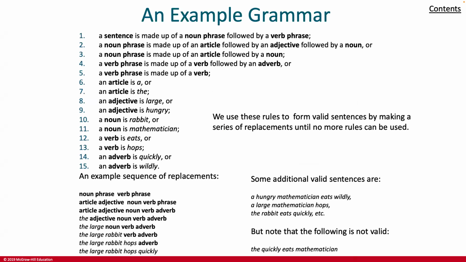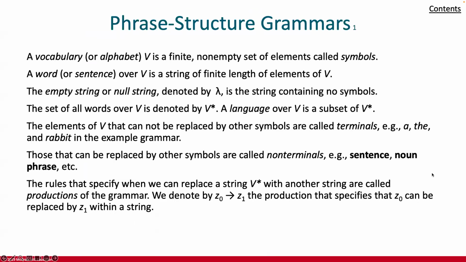So here's an example of a grammar. I won't walk through this. There are a lot of details here, but I'll refer you to Rosen to digest this in more detail. You can have a phrase structure grammar where you have a vocabulary V that is an alphabet.